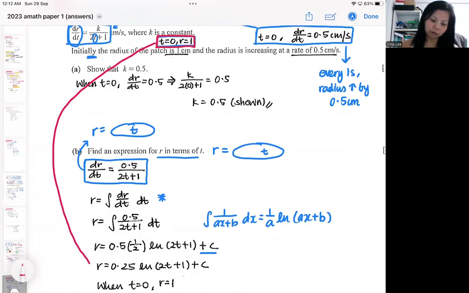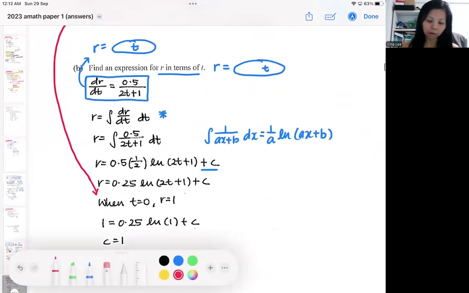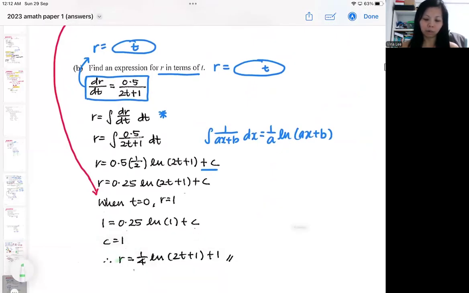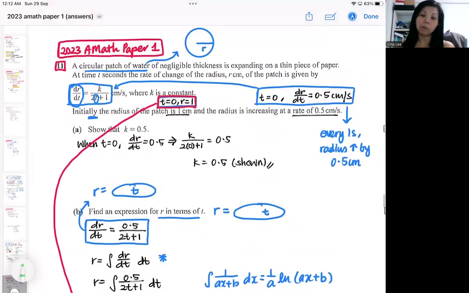You are given this to find the constant so that you got a proper formula. So this is the formula for radius with time. Okay, so don't forget what you have found here. And don't forget the information here, because you're going to turn over the page with all this information.